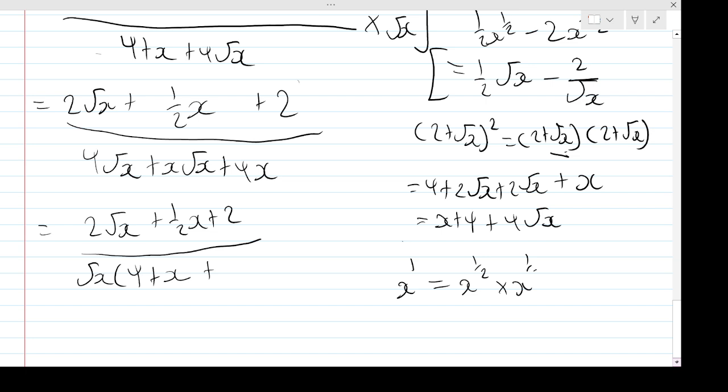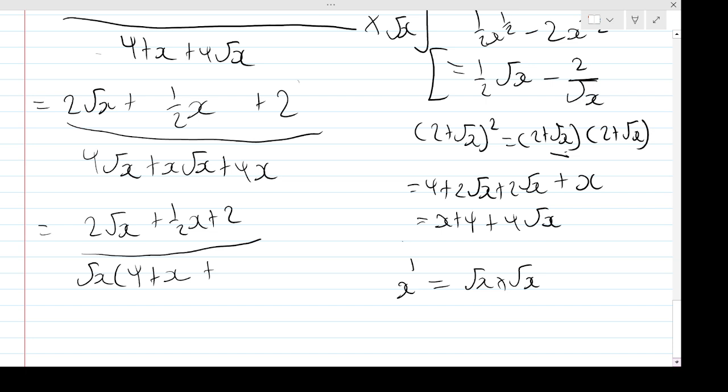So I need to add another half, don't I? Because a half plus a half is just 1. So actually, what happens is I could say x is simply root x times root x, and that makes sense, doesn't it? Because root x squared just gets us back to x. But that's how we can split that up.